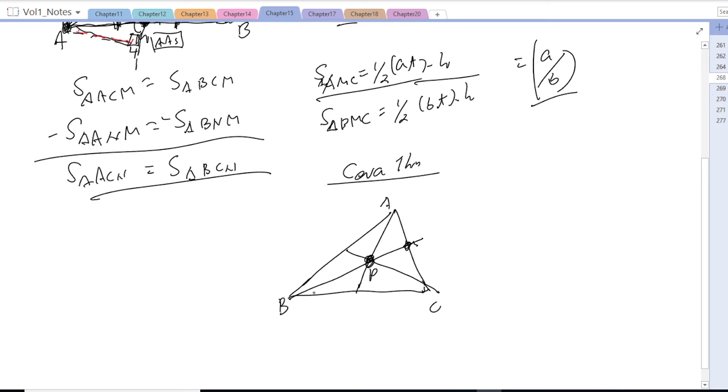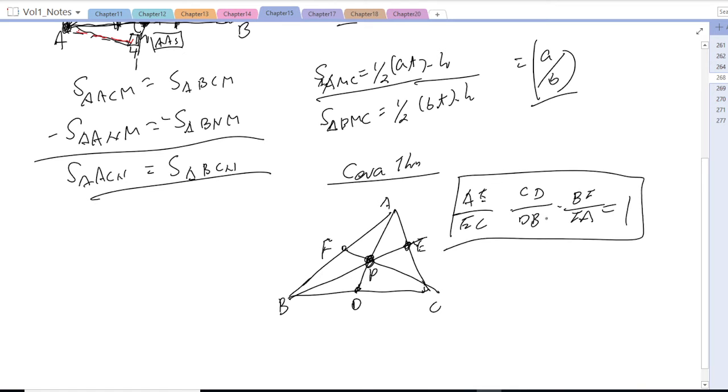Then we connect AP, which intersects BC at D, BP intersects at E, and CP intersects at F. Then what you can get is AE over EC times CD over DB times BF over FA is equal to 1.